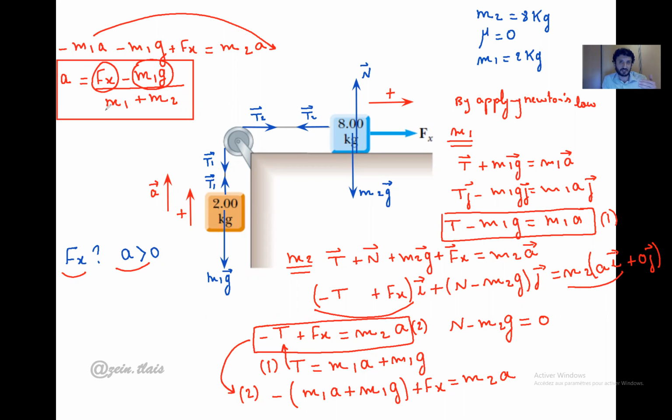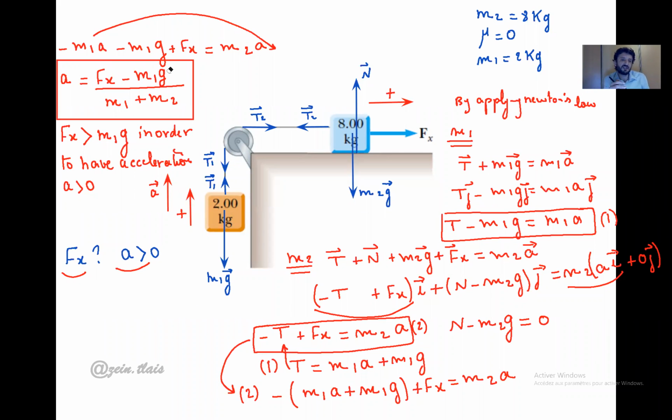Okay, any value of fx greater than m1g, we can get acceleration. So fx must be greater than m1g in order to have acceleration. I mean a positive one. Okay, this is the answer.